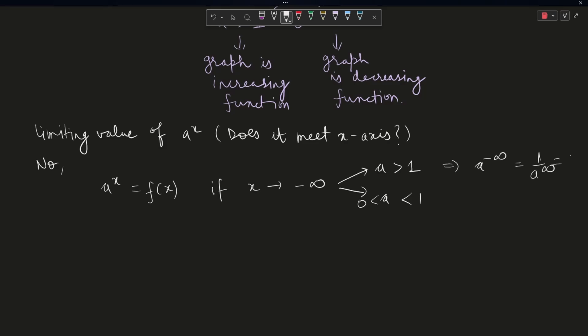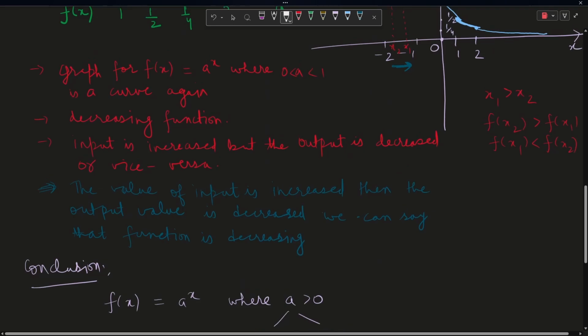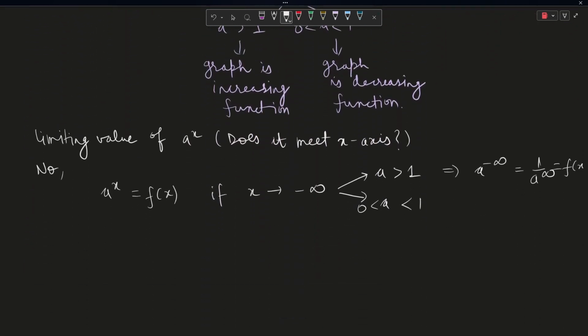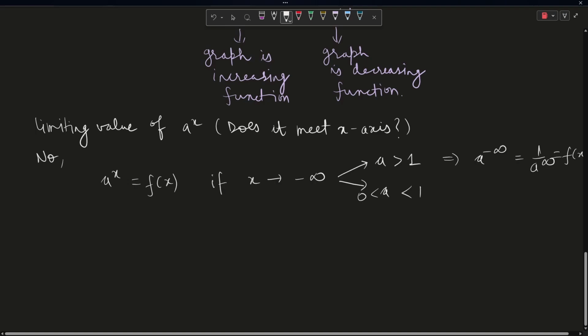So this will be f of x. And if this is f of x, then I can say that f of x is tending to 0, but it is never going to be 0. Hence, it does not meet the x-axis.